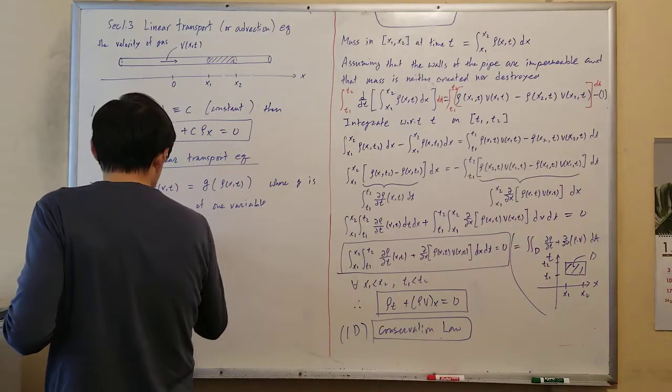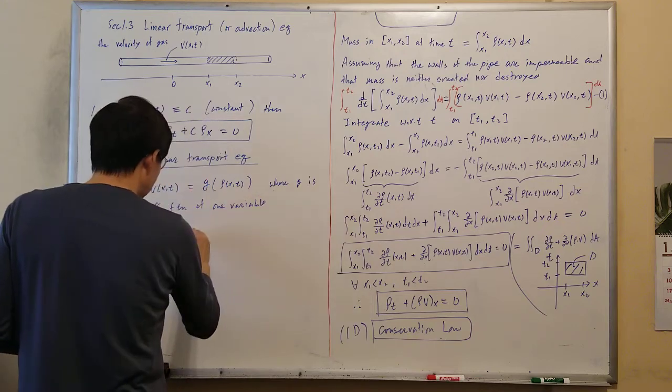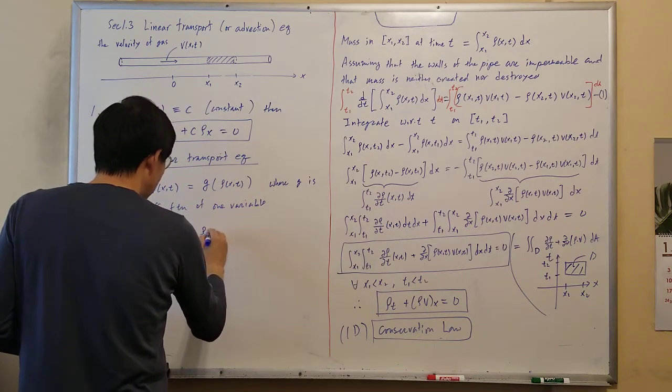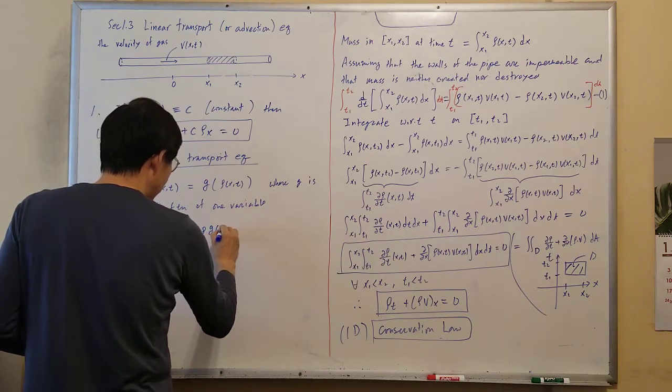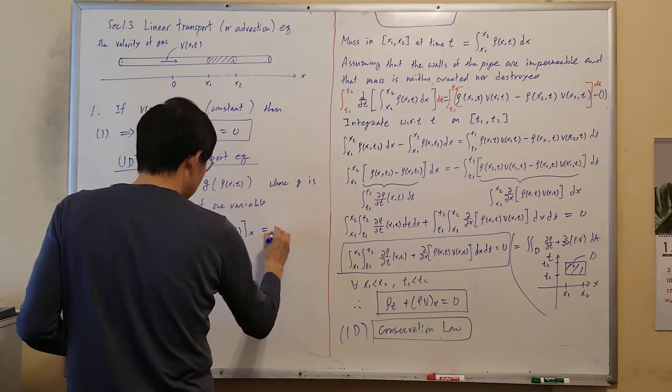That is rho t, rho times v, which is g of rho of x, t.